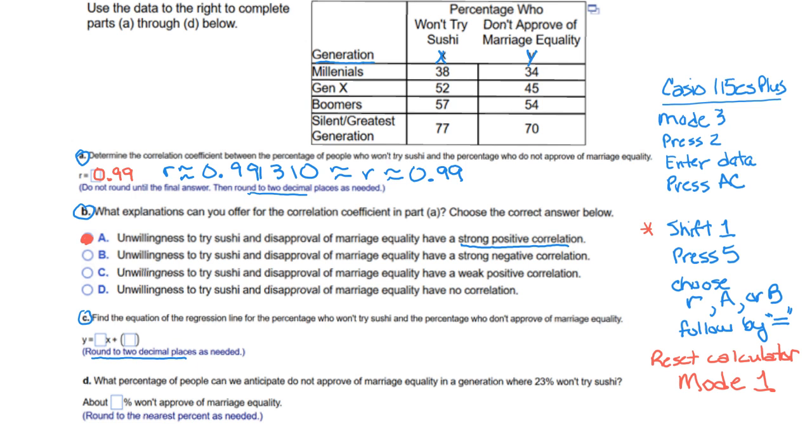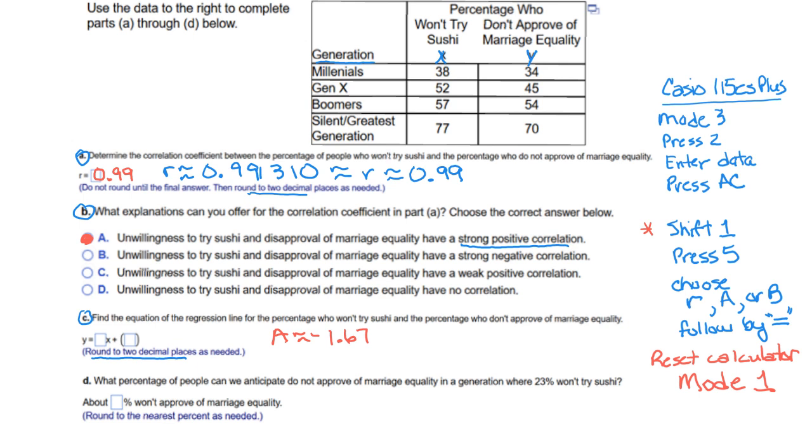So press shift 1, number 5, and then you can choose A or B. If you choose option A, it is coming out to, when you do your approximation and rounding, a negative 1.67.